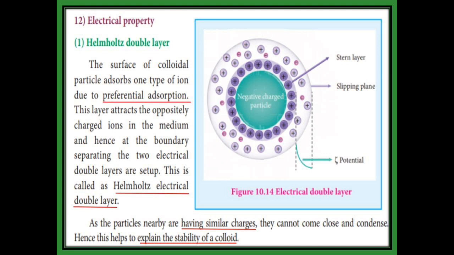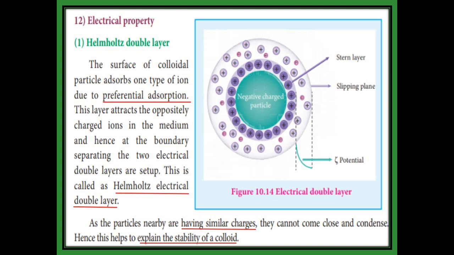In this diagram, the surface has positive charges, and the dispersion medium also has positive charges, so they have similar charges. Similar charges never attract. They never come closer, so they never condense. This also helps to explain the stability of colloid.